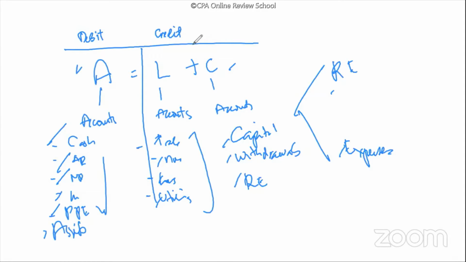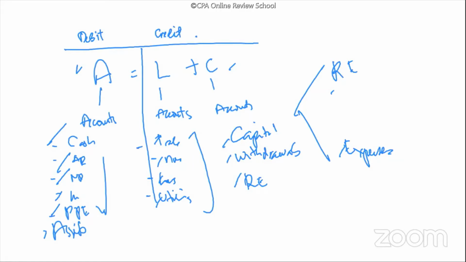The normal balance of liabilities and capital is credit. No questions asked, that is the rule. Whoever invented accounting did it this way, to organize how we account for business transactions. That's the first rule.